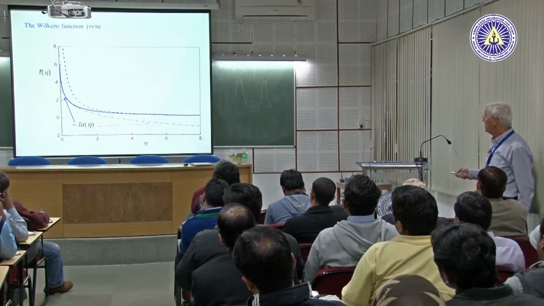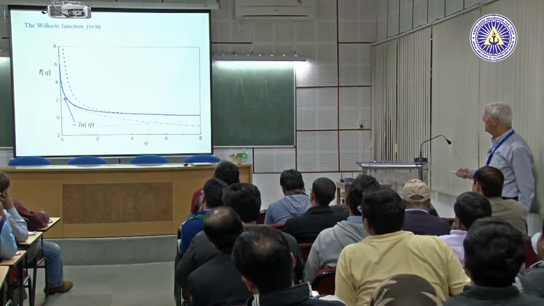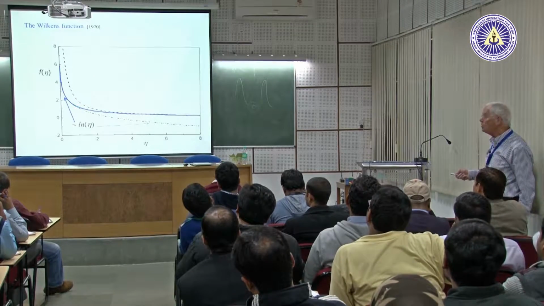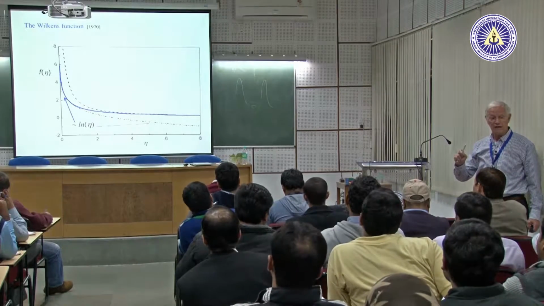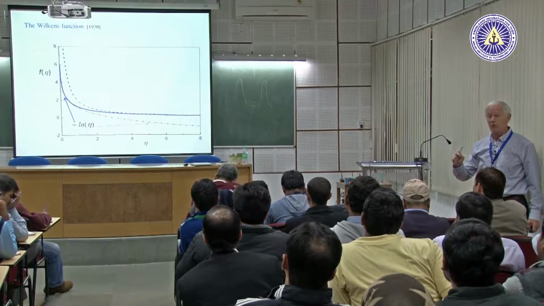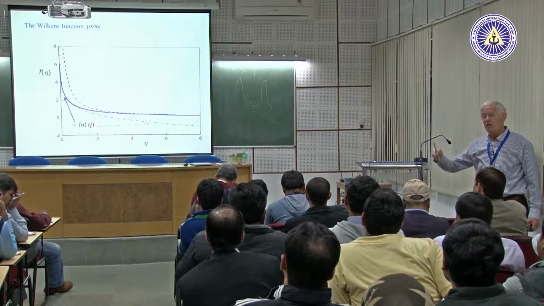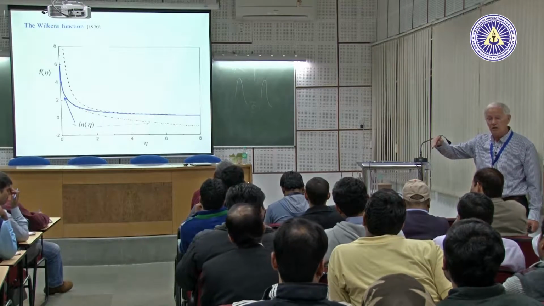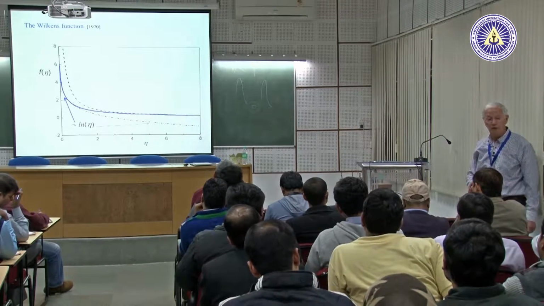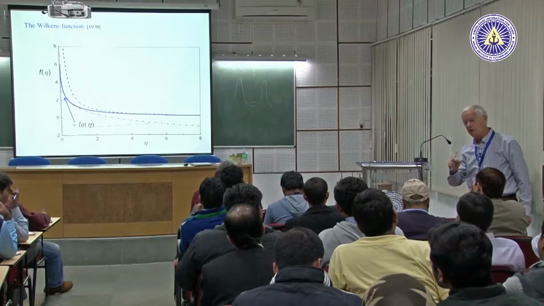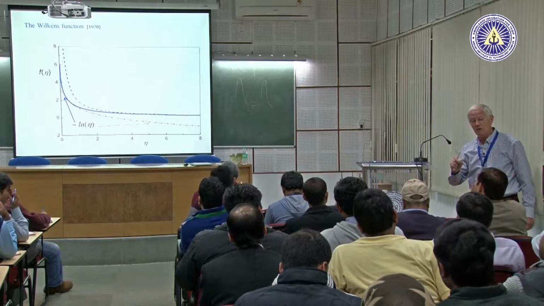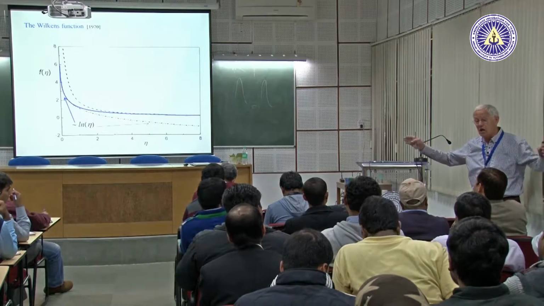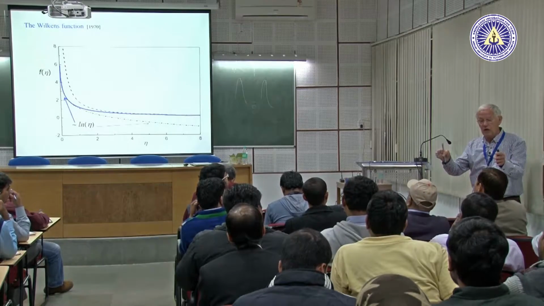The first part here is the logarithmic part, which was calculated by Krivoglass correctly. But of course, if you replace d with the effective outer cutoff radius, then this is the logarithmic part. So Krivoglass was correct as far as the logarithmic is concerned. Only you have to replace the crystal size by the outer cutoff radius.